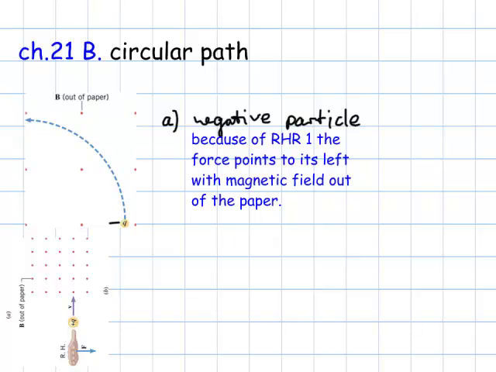So part B is try to figure out the mass of the particle, right? Determine the mass of the particle. So again, that takes the law that gives us the force of the particle.